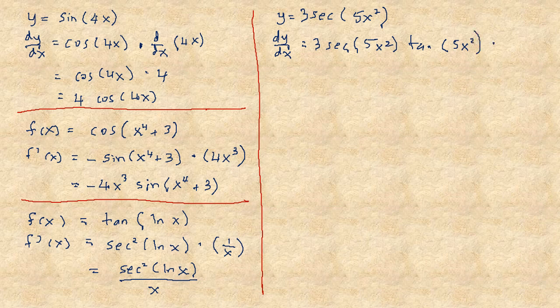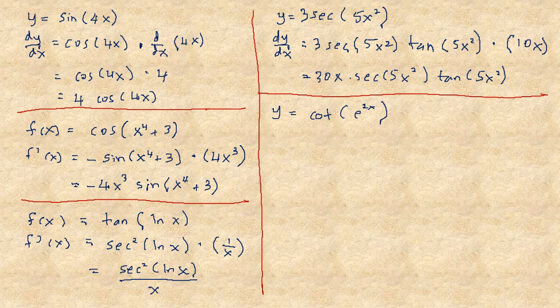And then multiply by the derivative of 5x squared. Differentiate 5x squared, we get 10x. Then the answer is 30x multiplied by secant 5x squared tangent 5x squared.